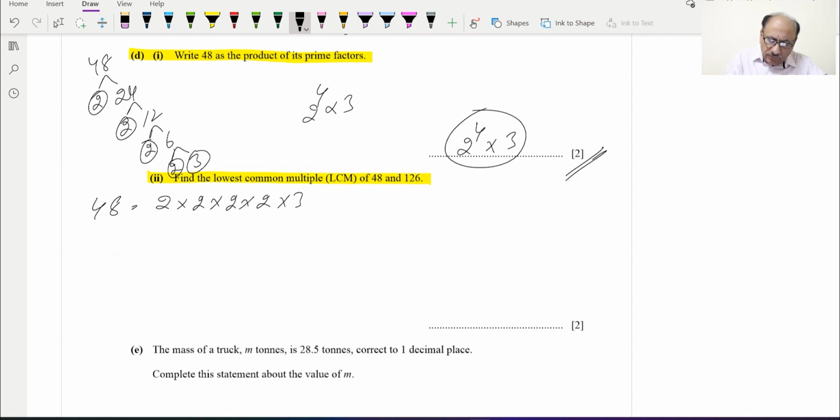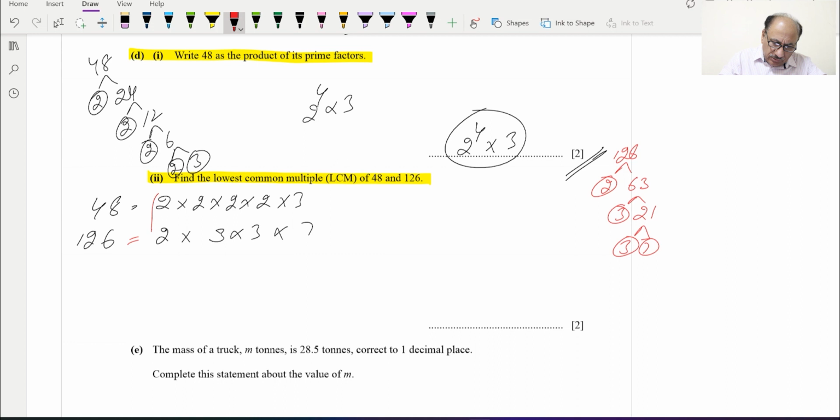And we can do prime factorization of 126 as well. 126 we can split into 2, and 2 6s are 12, then by 3, and 3 2s are 6, and then 3 and 7. So the prime factors of 126 will be 2 into 3 into 3 into 7.